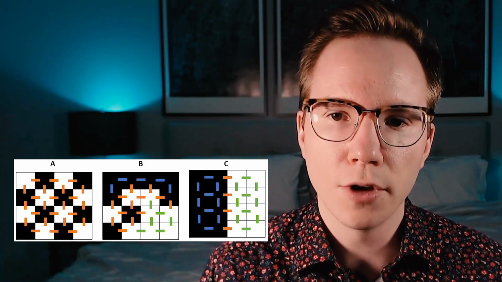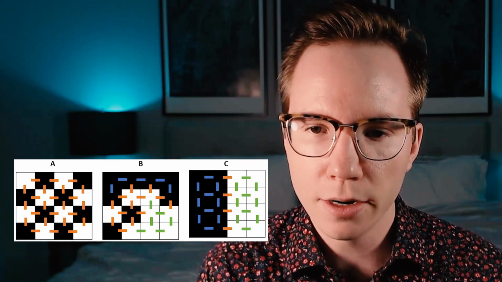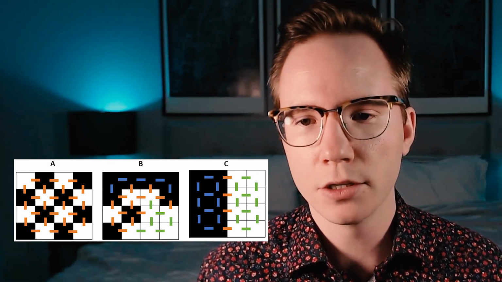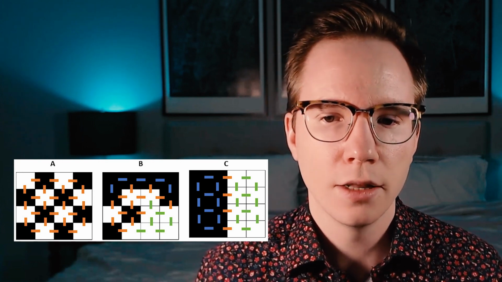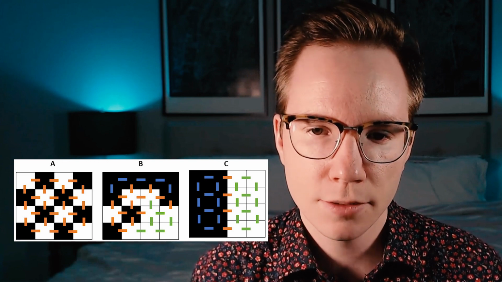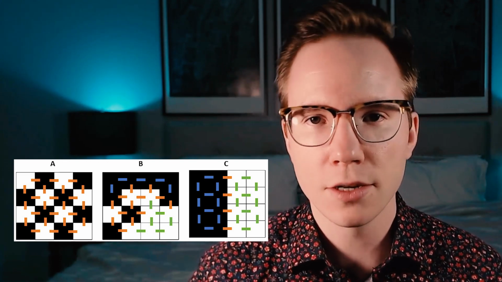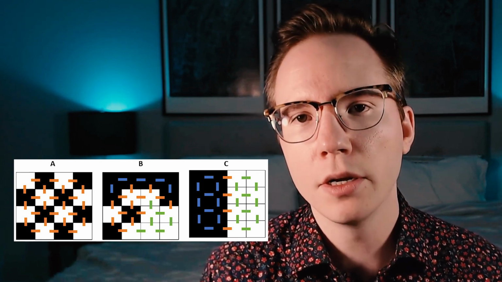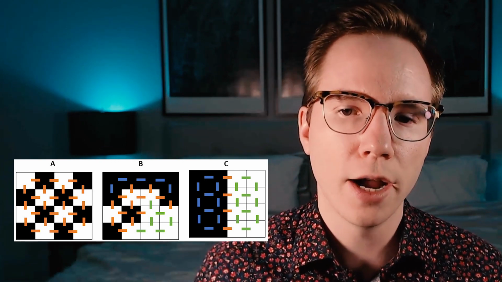The probability of a black area is calculated by counting the number of black areas and dividing it by the total number of areas. In all 3 cases, there are 8 black cells and 16 total cells, since it's a 4x4 grid. So the probability of a black area is 50%, or 0.5.